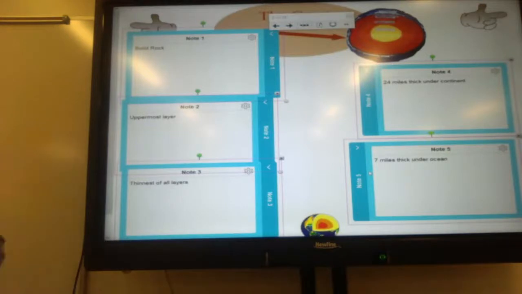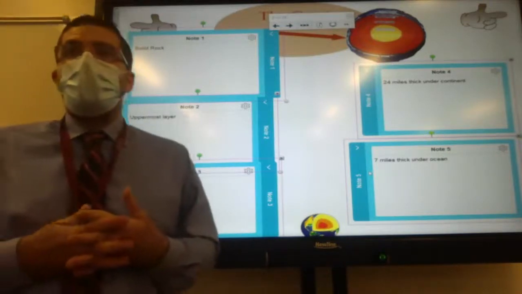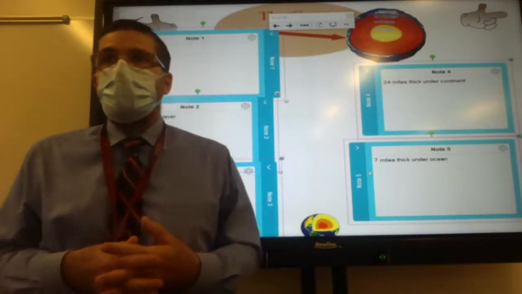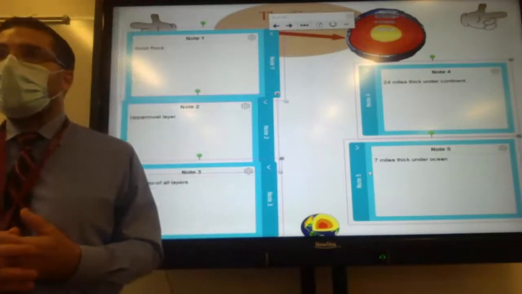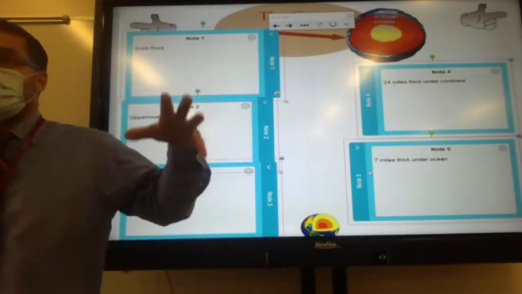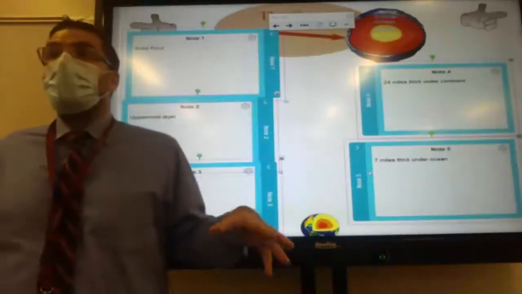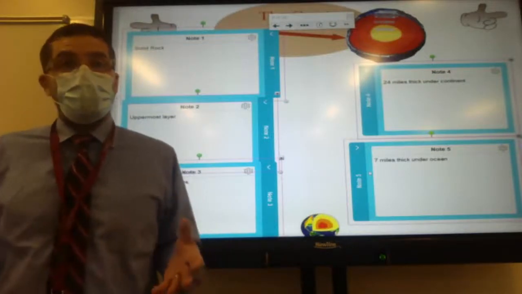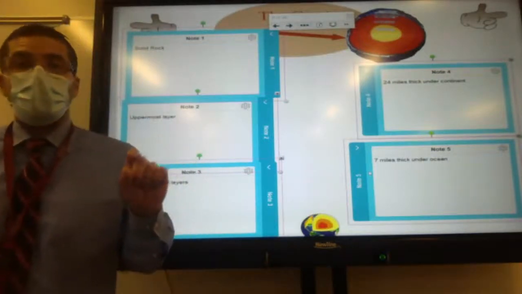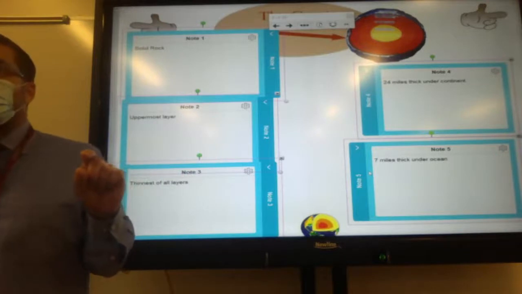Oceanic crust is much thinner. Now, continental crust is made up of the rock granite, continents being solid land, which we're on now. And then oceanic crust is much thinner. It is made up of a rock called basalt, but it's more dense.